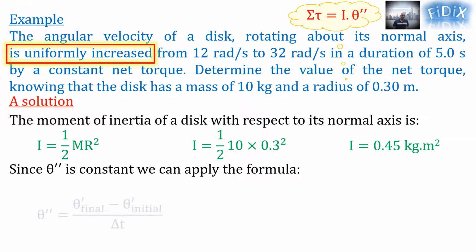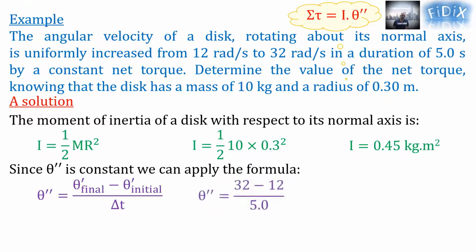Therefore, we can apply the formula theta double prime equals theta prime final minus theta prime initial all over the duration delta t. We plug in the values in the equation and obtain theta double prime.